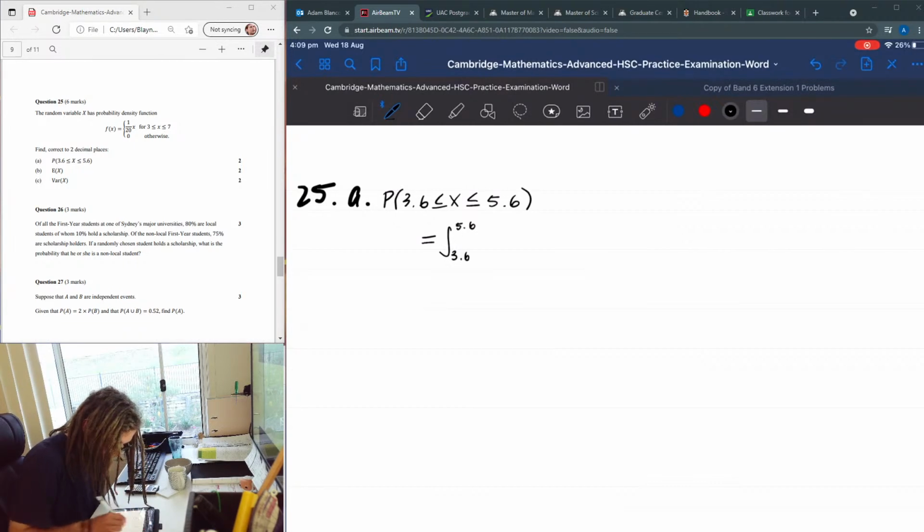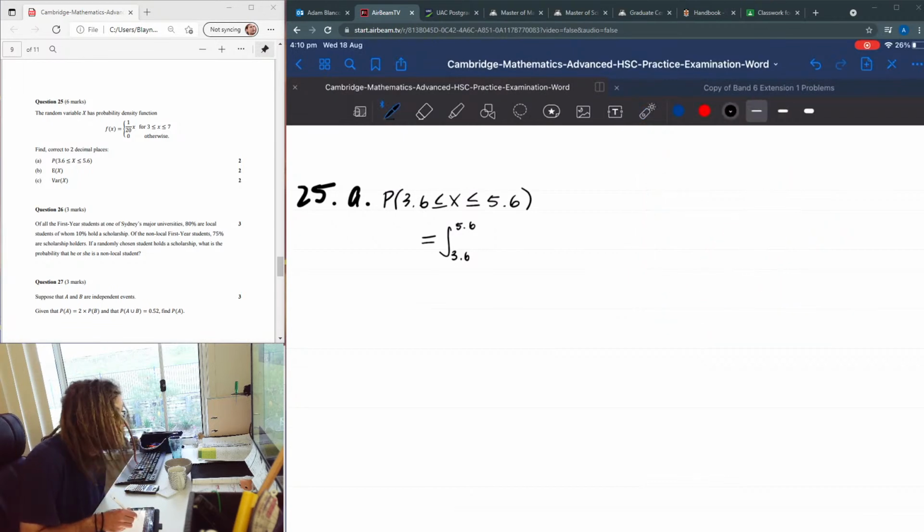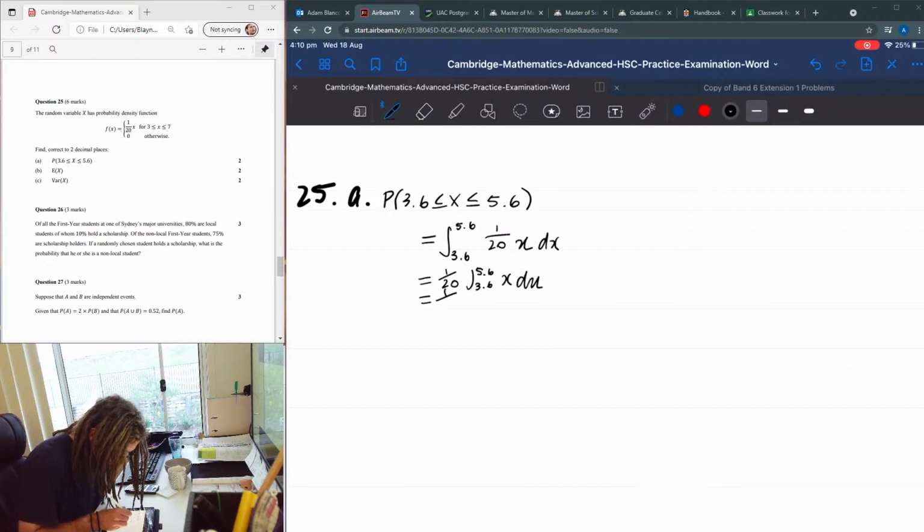So remember, I'm just using my graph. I'm just looking for the area of this curve. That curve being 1 on 20 x dx. That 1 on 20 could really just come out front, 1 on 20, 3.6, 5.6. So that's just x dx. That 1 on 20 stays out there. Raise it, divide by it.